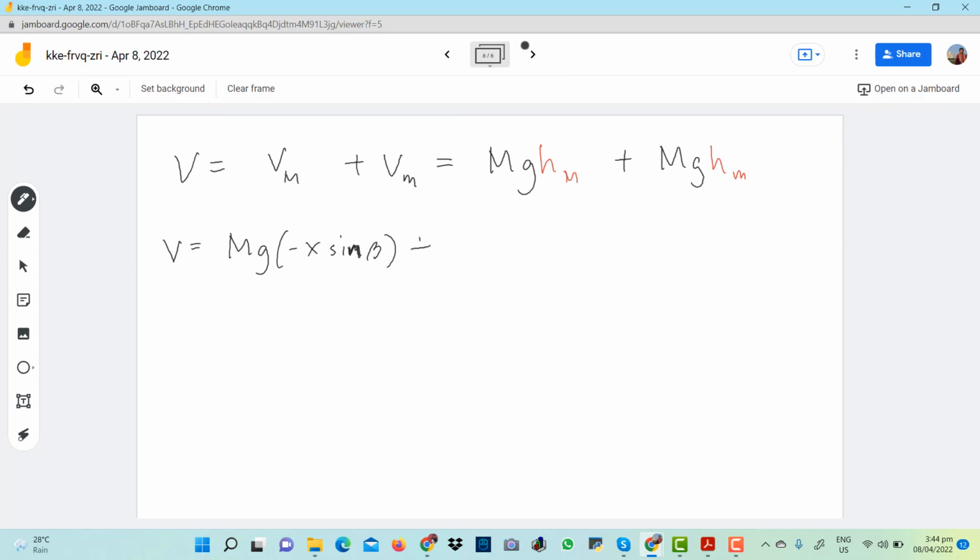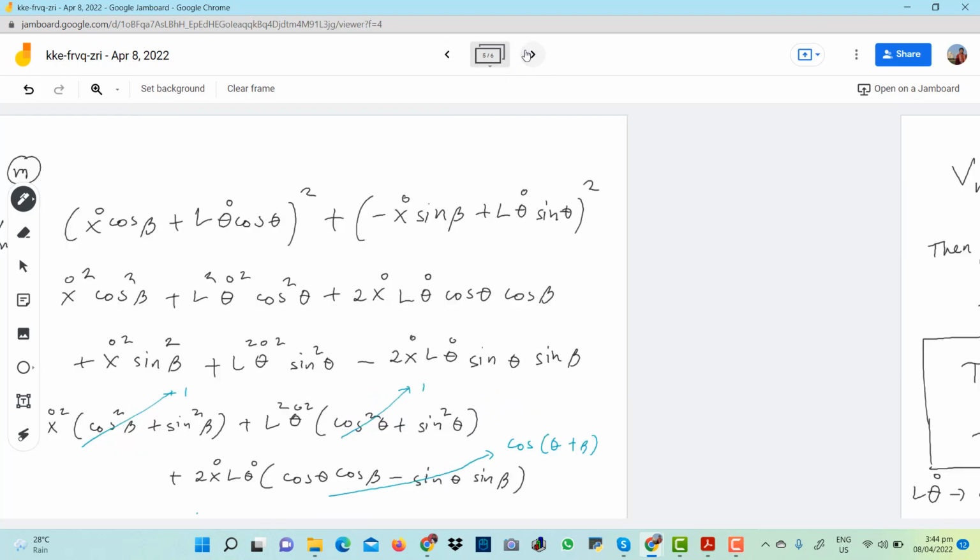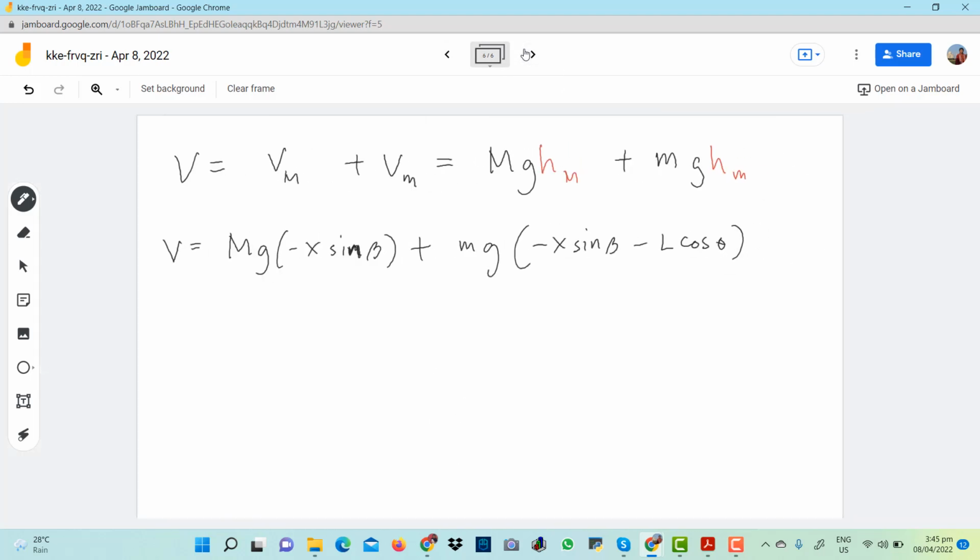So, plus the small m: I have minus x sine of beta minus L cosine of theta. Right? That's correct. So this will be my potential energy.